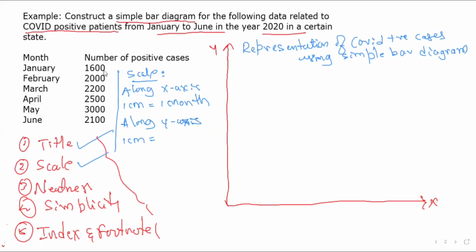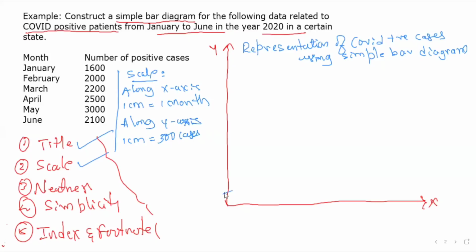Here the minimum is 1600, the maximum is 3000. It means I give the data from 1600 to 3000. So I will consider 1 centimeter equal to 300 cases, right?